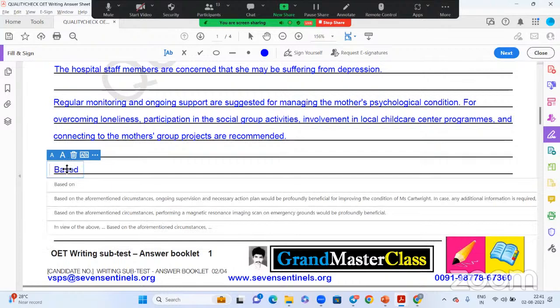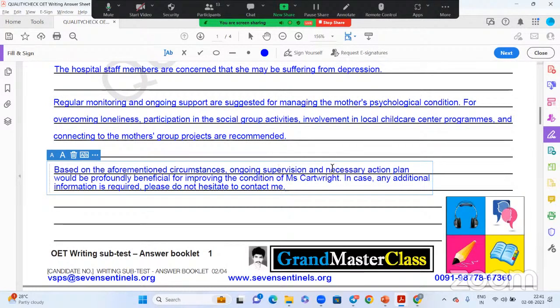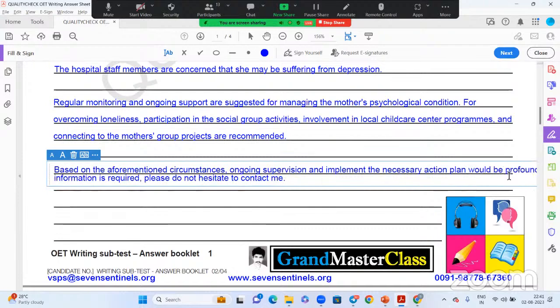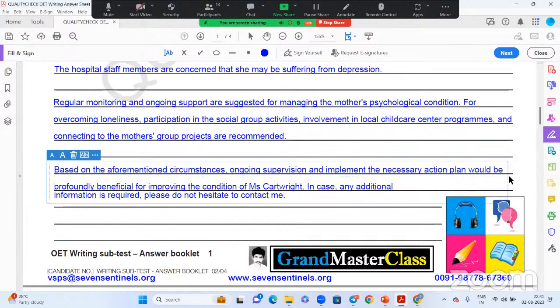Based on the aforementioned circumstances, ongoing supervision and implementing the necessary action plan suggested by the doctor would be profoundly beneficial for improving the condition of not only for Anne, but also Anne's mother.